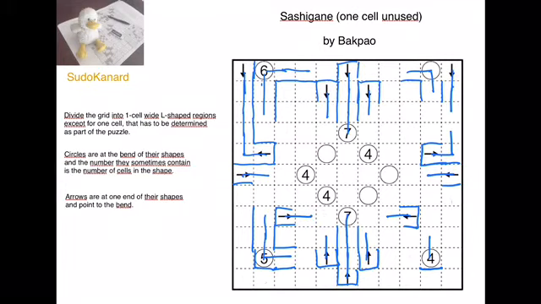Something interesting is, what if those lines don't join? So it means that this one turns left, and this one can't go further to the right because, oh yes, it could join this 7, sorry. But in this case, this 4 has to go up.